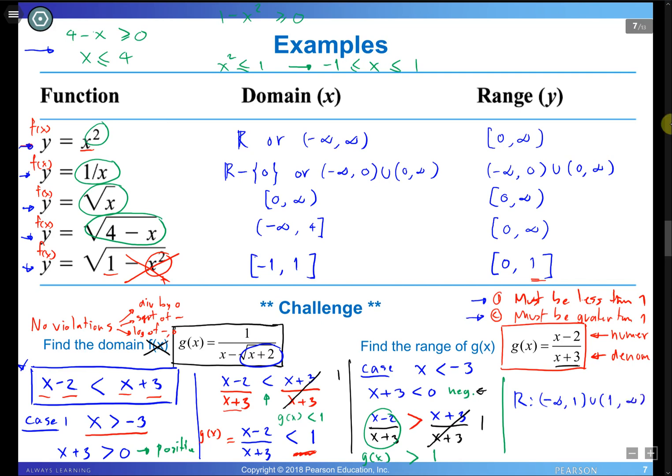Or you can say that this range set equals the set of real numbers minus the set of 1. That is the only exception for this image value. So that is it. In this case, you have to consider both cases in order to find the range of this function. Alright, so that is the second challenge.